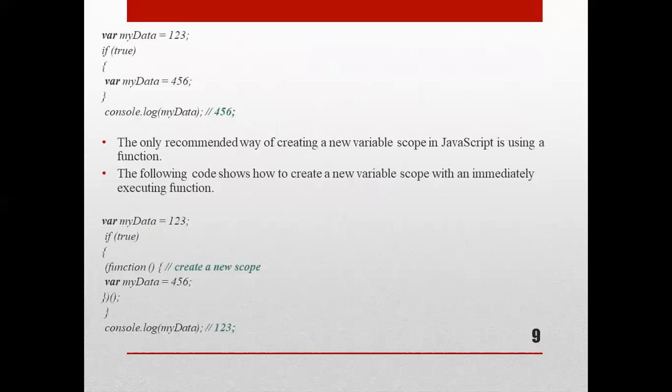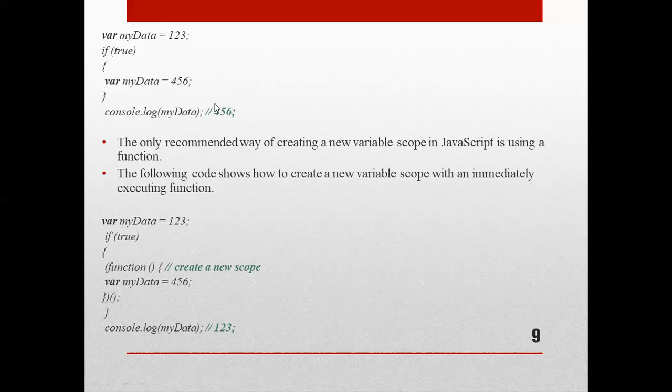Okay, see the example for this. Here variable myData is equal to 123. That myData variable holds the value 123. If it is true, then variable myData is equal to 456. Then we are going to console.log the variable myData.